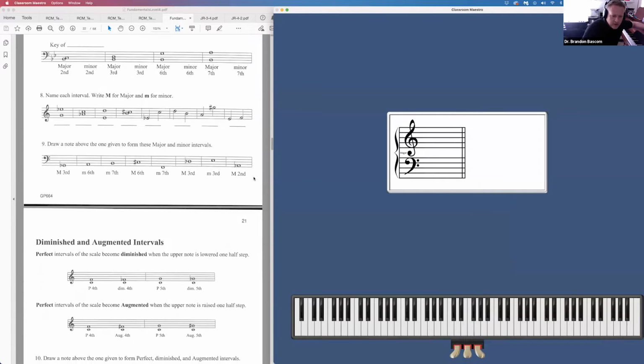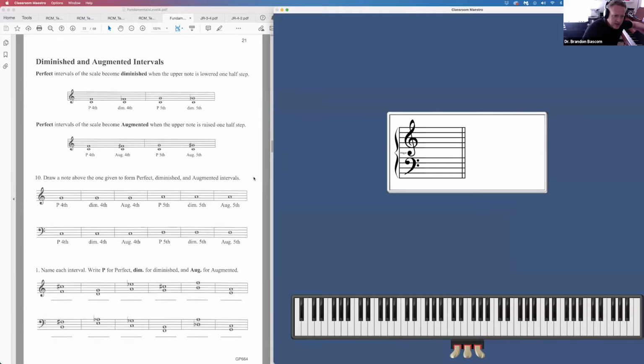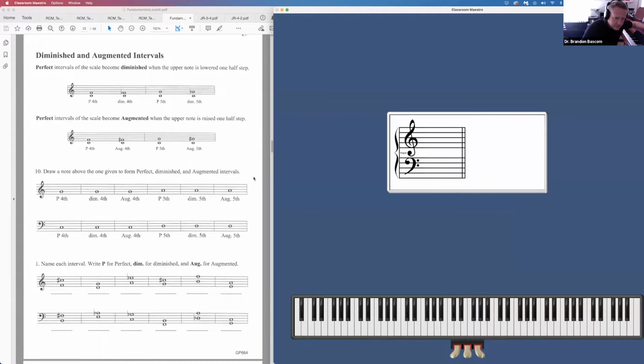All right, page 21 is talking about diminished and augmented intervals. Perfect intervals of the scale become diminished when the upper note is lowered 1/2 step. Perfect intervals of the scale become augmented when the upper note is raised 1/2 step.